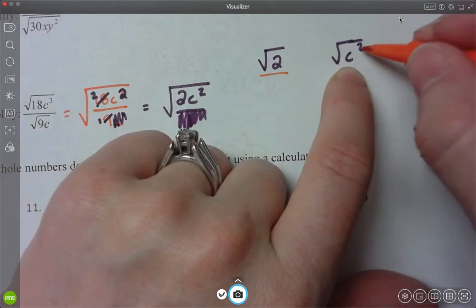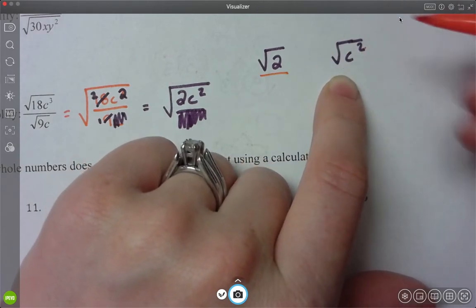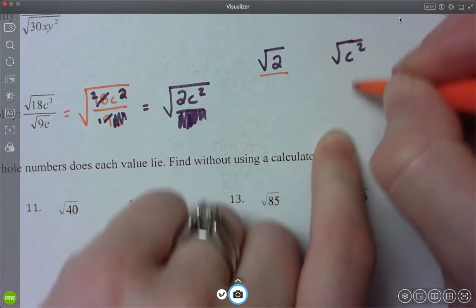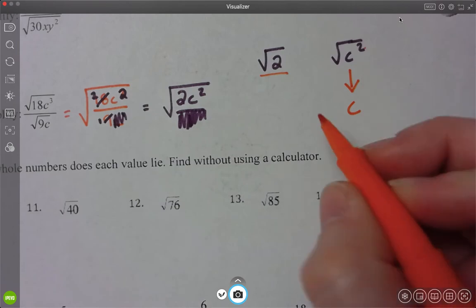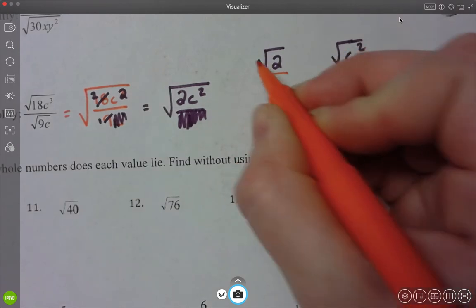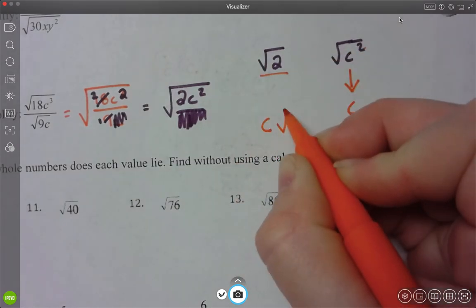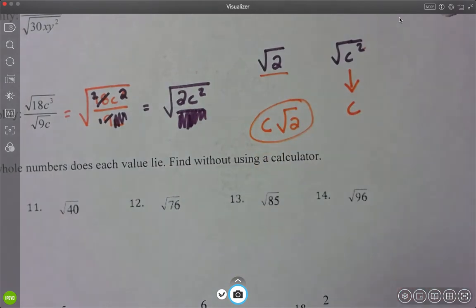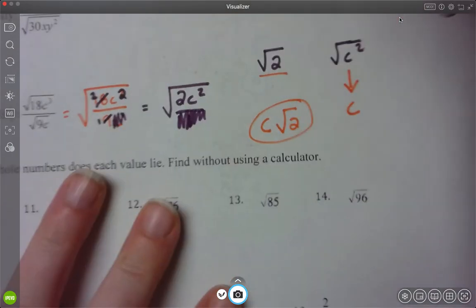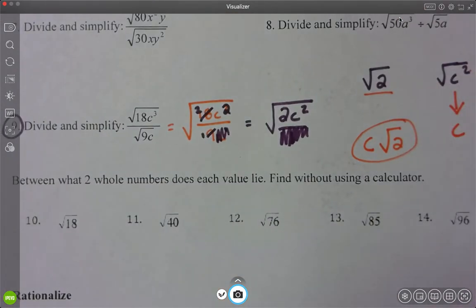If he's divisible by 2, he will work. So the square root of c squared is just c, okay? So what I can do is usually I put this c on the outside on the front, so this will be c times the square root of 2, and that's what he will look like, okay? All right, so we can put them all under one roof, and we can reduce and then simplify from there.